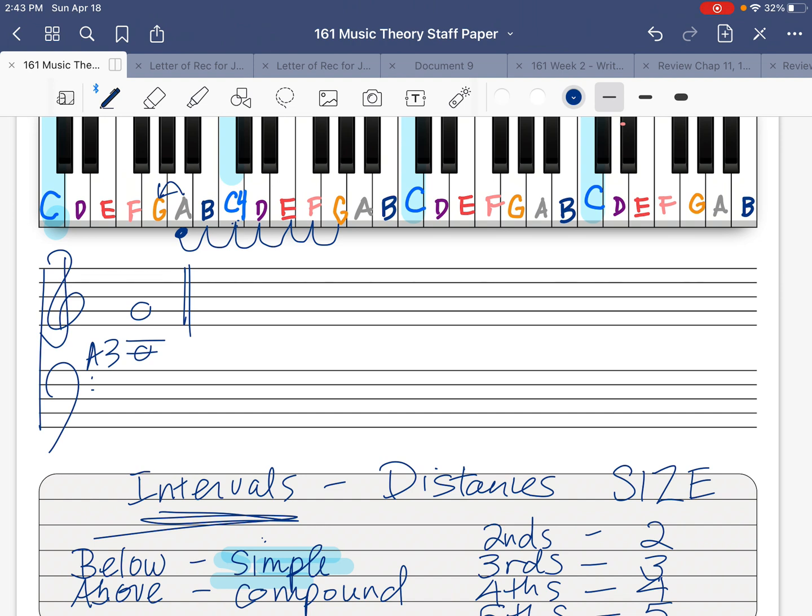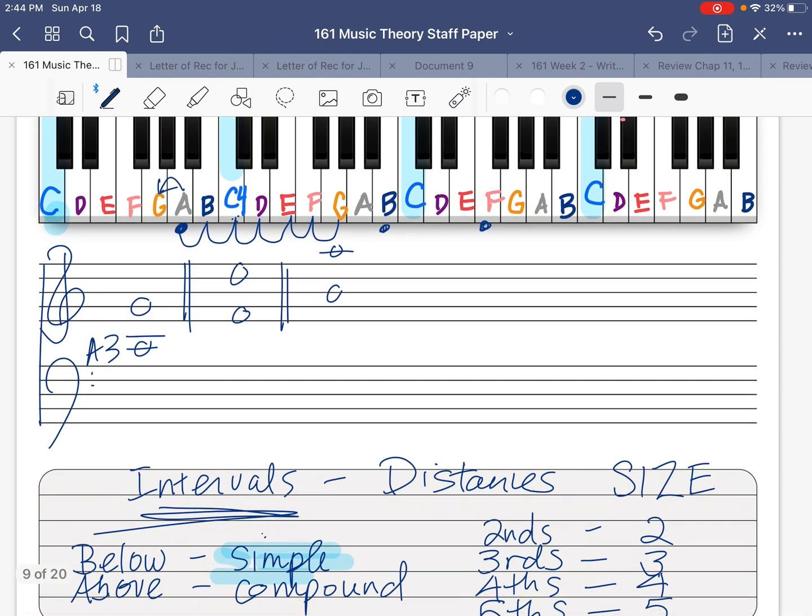It's the shortcut. So for F, if I was going to do a seventh above F, I could go up 7, or I could go down 1, and it's E, okay? If I wanted to go up a seventh from B, I could count up 7, or I can go 1 down, which is A, and then draw an A above in the next octave.